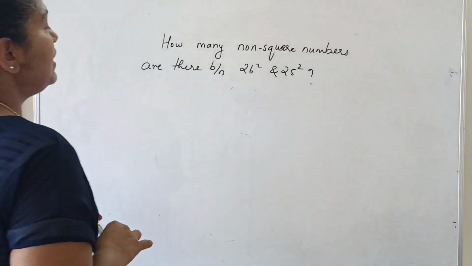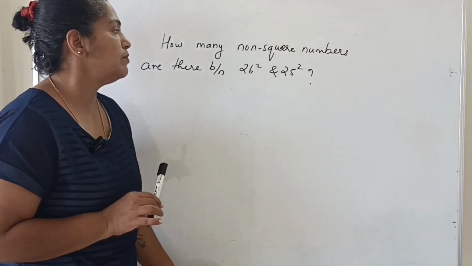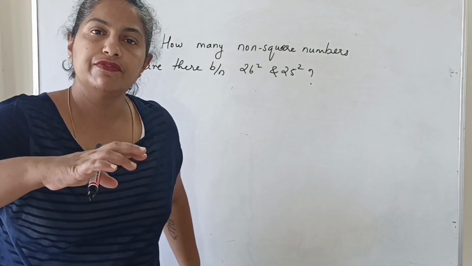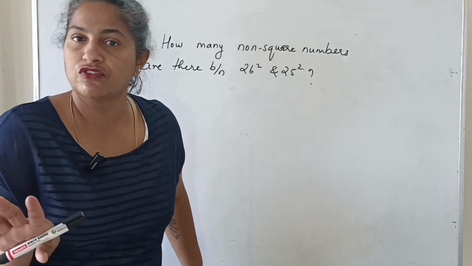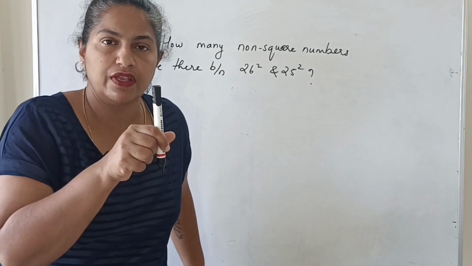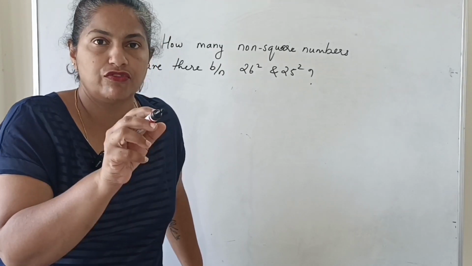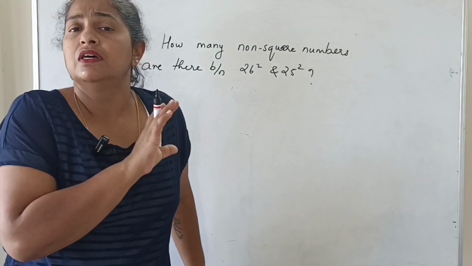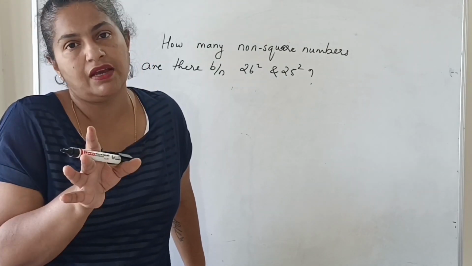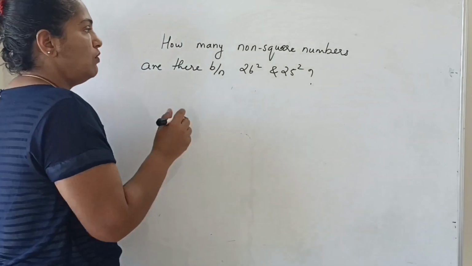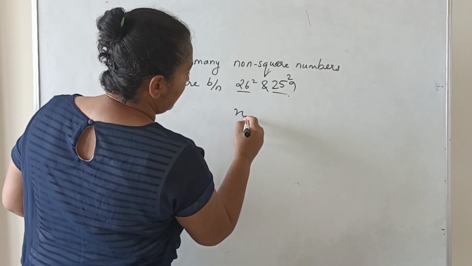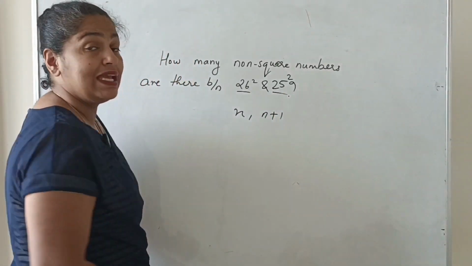How many non-square numbers are there between 26 square and 25 square? Between 25 square and 26 square, all the numbers are non-square numbers anyway, because 25 square is the first square number here, and after that immediately it is 26 square. So whichever numbers are in between them have to be non-square numbers. Now, you know that 26 and 25 can be represented by n plus 1 and n.